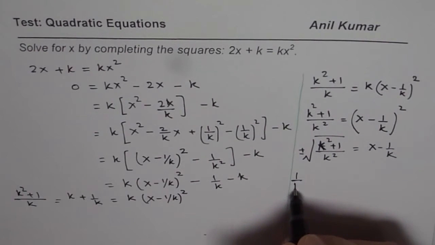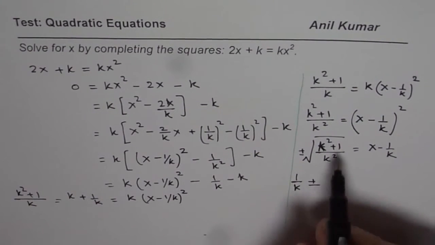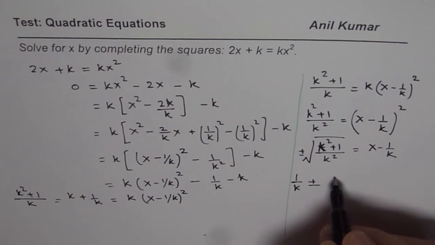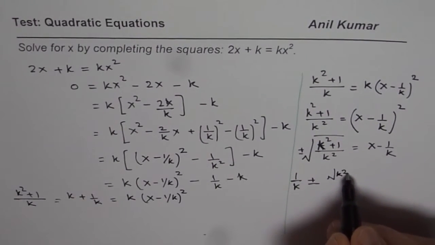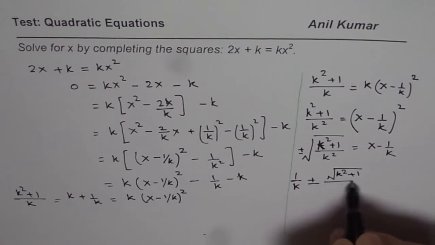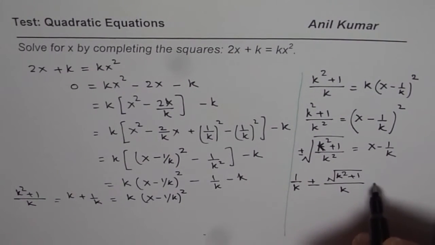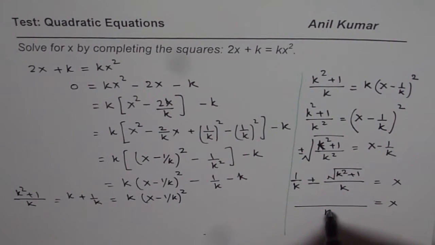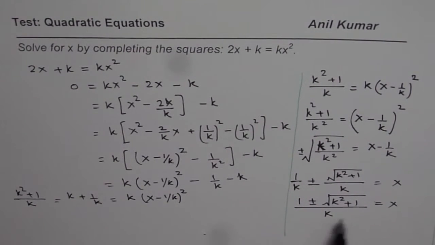So we have 1 over k plus minus square root of k squared plus 1 divided by k squared, where I could take the square root of k squared as k. K is a common factor. So I could write x equals 1 over k times 1 plus minus square root of k squared plus 1. Do you see that? So that becomes the solution of this equation in general. Do you get the idea, right? So that is how we can actually solve.